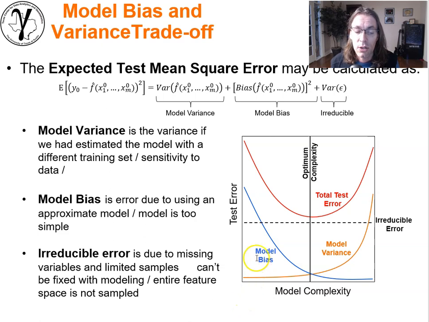Low complexity models will tend to have high model bias, but will have low model variance. High complexity models will have high model variance and low model bias. And by tuning a hyperparameter that controls the degree of model complexity, we can benefit from this bias variance trade-off, and when we add them together, we can find an optimum degree of complexity. And that's what our hyperparameter here is going to help us do.